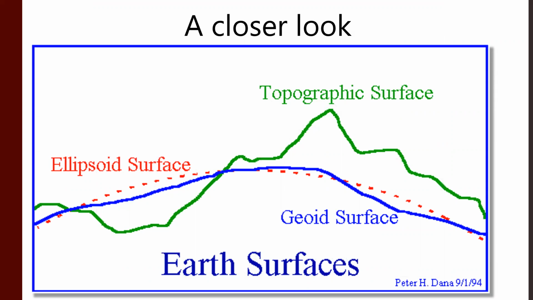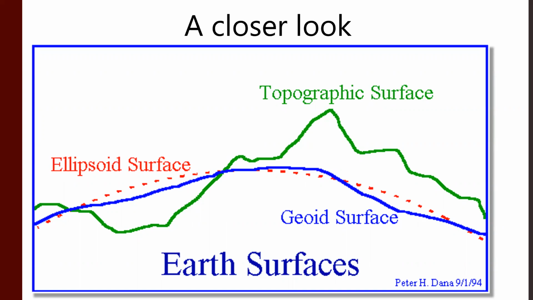These surfaces, these different Earth surfaces, all represent something very important in our understanding of the shape and the size and where we are on the planet, but they are all very different, and they all have very different relationships between each other. Topography is independent from the geoid. The geoid is generalized to the ellipsoid.